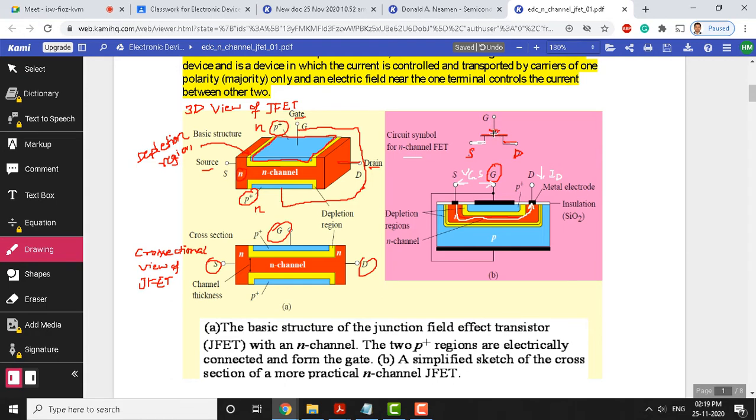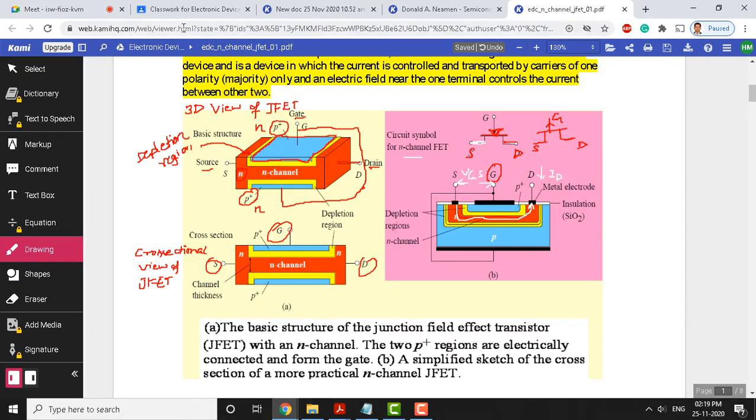If the arrow mark is inward, that means it is an N channel. If you write the symbol with an upward arrow mark for the gate, this is the symbol of a P channel JFET. So you should know the difference between the symbolic representation of N channel and P channel. Okay. Any questions so far?